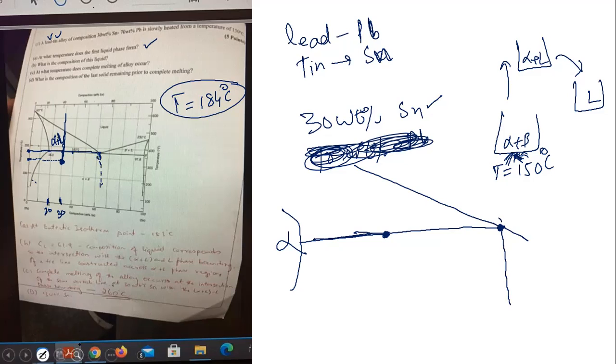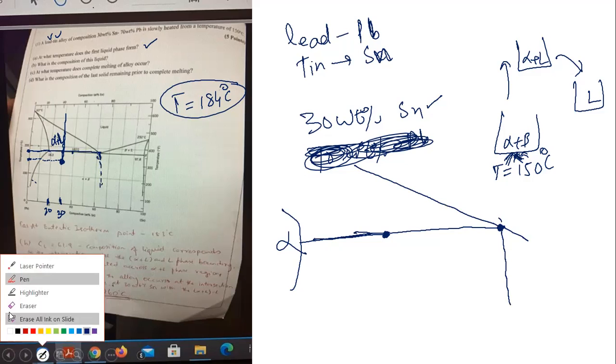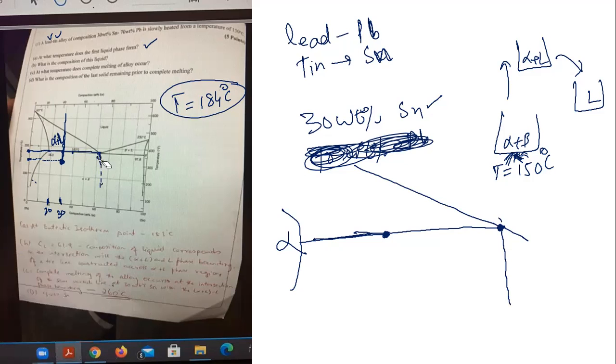It is already written here that it is 61.9, right? So the composition of liquid for part B, our answer is 61.9, C_L, weight percent of Sn.